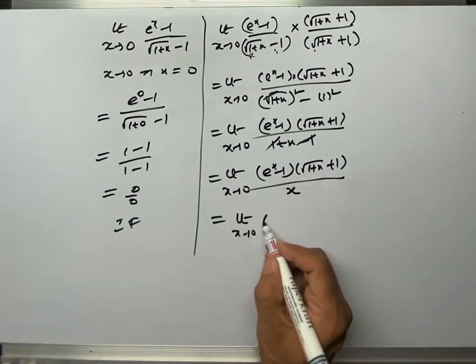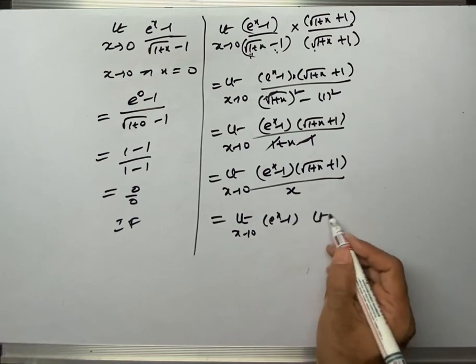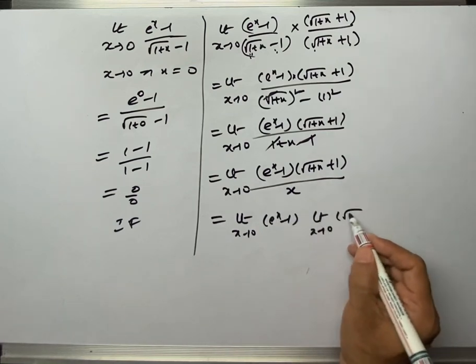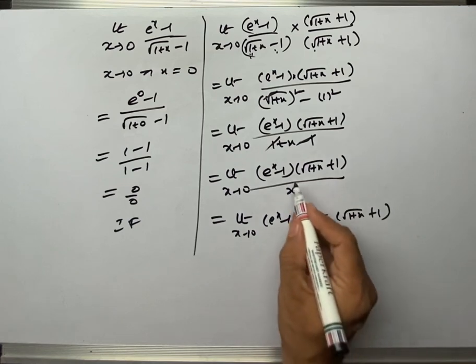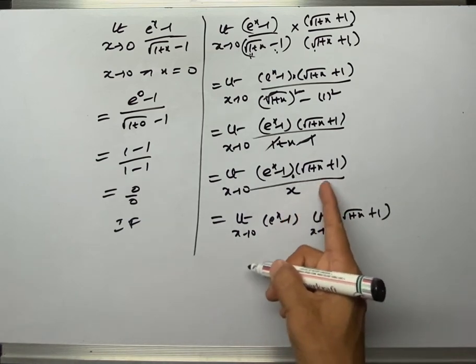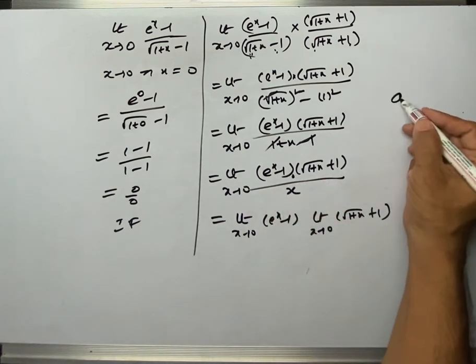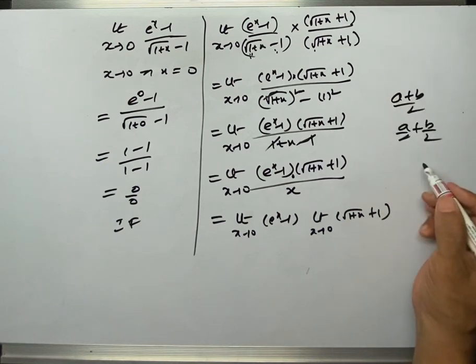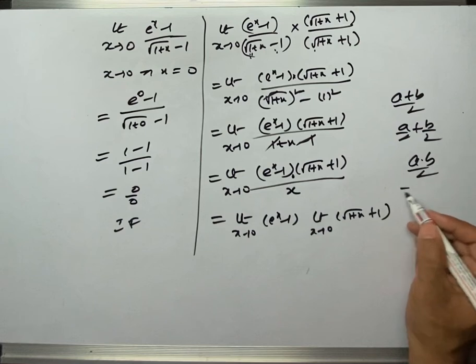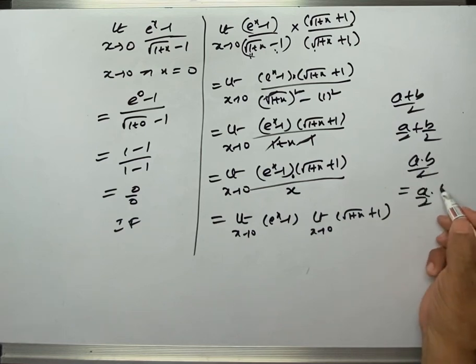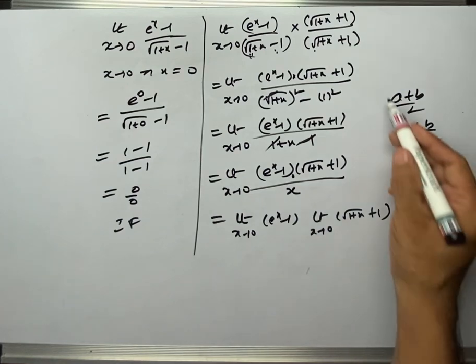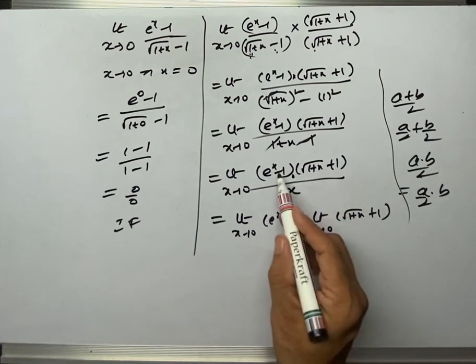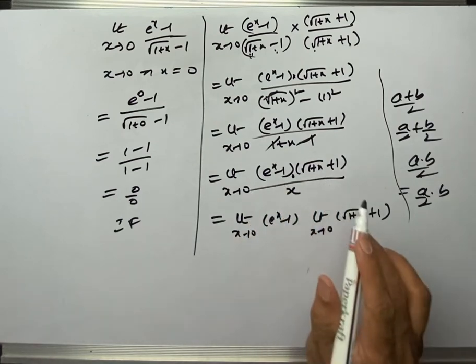If we got two multiples like this, the limit will be given to both the values. First we'll give the limit for the numerator's first value: limit x tends to 0, root 1 plus x plus 1. Now because a multiple is there, x either we can give to this one or this one. Suppose a plus b by 2, we can give this to both a and b. But a into b by 2 is there, we can give this for only one value, either a or b. Similarly, we have a multiple, so x can be given to either the first one or the second one.